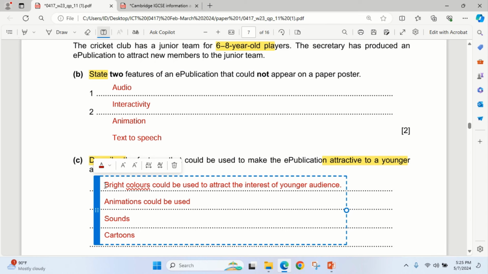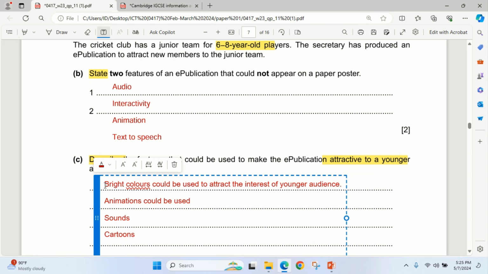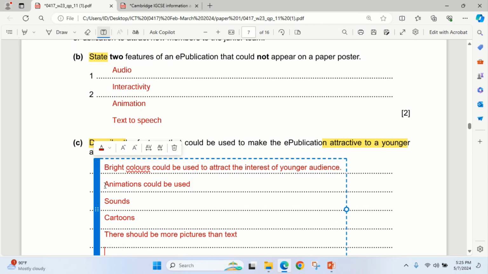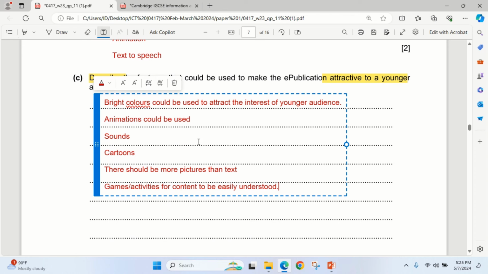There should be more pictures than text when dealing with a younger audience. Younger audience also like games or activities for content to be easily understood. Okay, and so on and so forth.